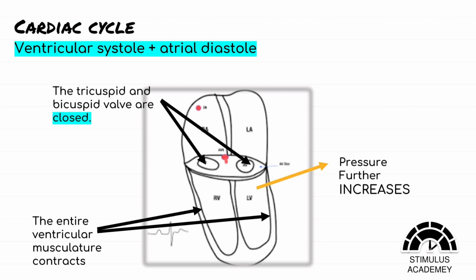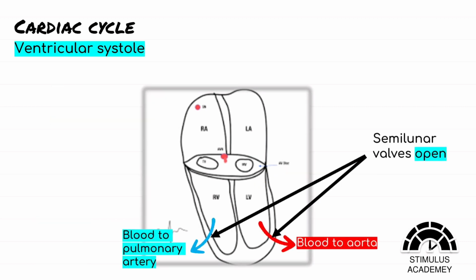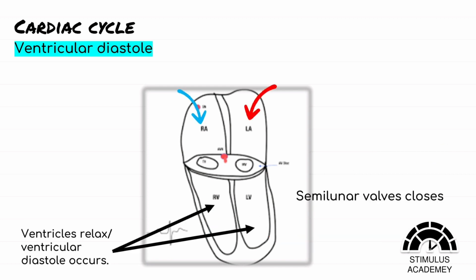The semilunar valves are forced open. Semilunar valves guard the opening of the ventricles into the pulmonary artery and aorta, and these semilunar valves now open. Now the ventricles contract completely, and after this, the ventricles relax, or we can say that ventricular diastole occurs.